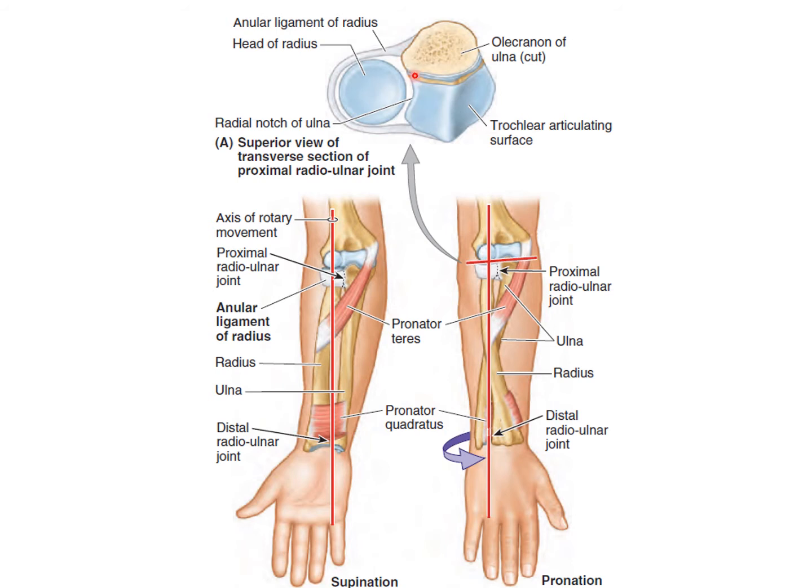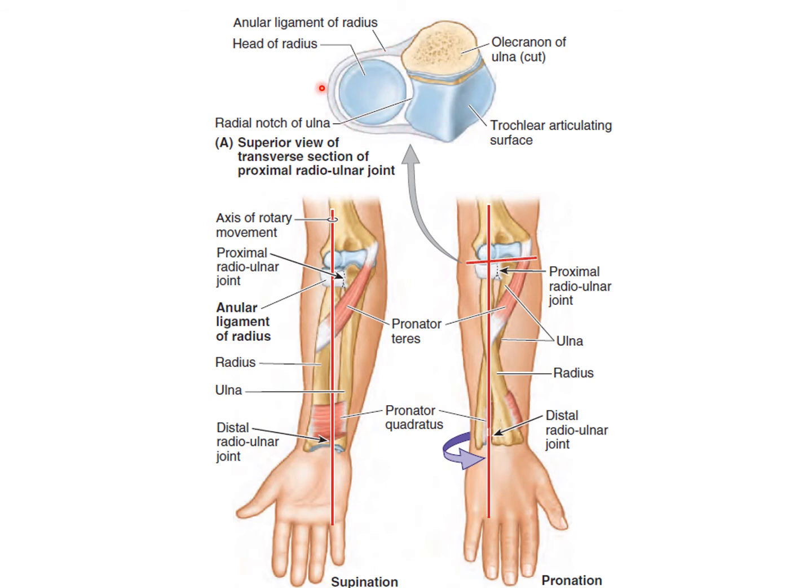So this is the radial notch of the ulna giving attachment posteriorly and anteriorly to the annular ligament, which is completely encircling the head of the radius. As we have discussed, it is a pivot type of joint in which one bone is rotating around the other bone.